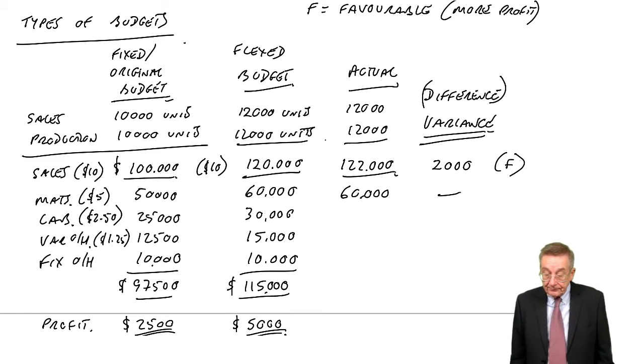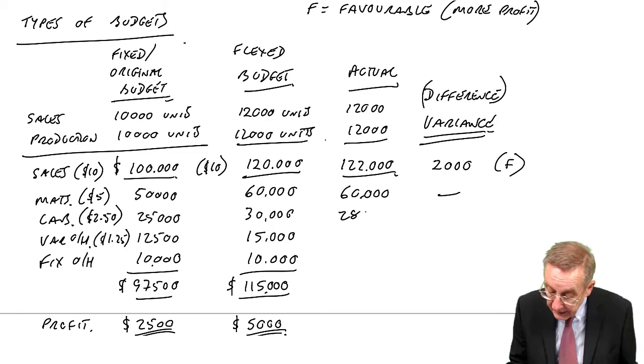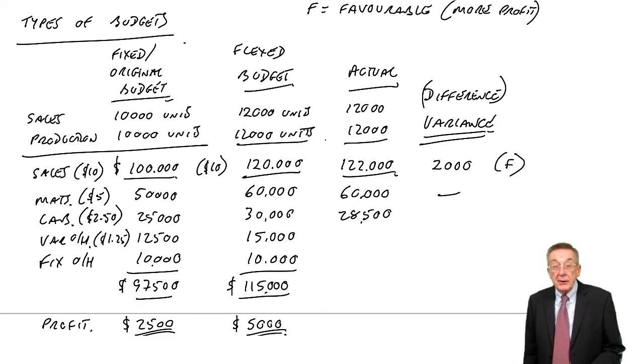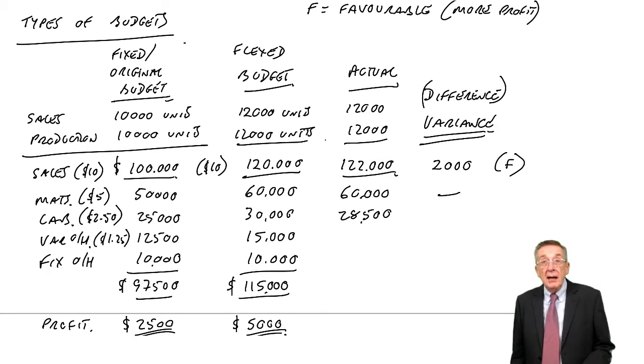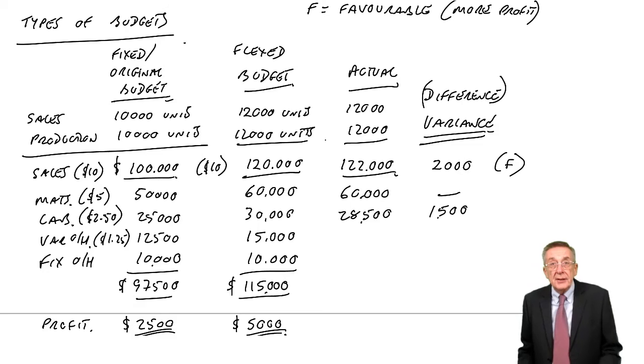What about labour? We actually spent on labour 28,500. Again, it's more than the original budget. Of course it's more because we produced more. And in fact, we would now have expected to spend 30 and we only spent 28.5. The difference, 1,500. And surely that's good. We've saved.